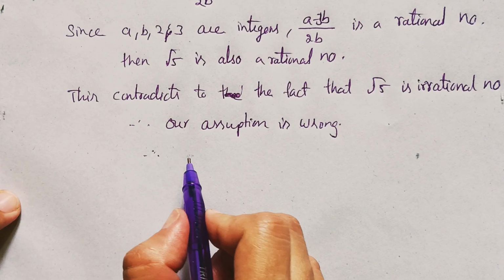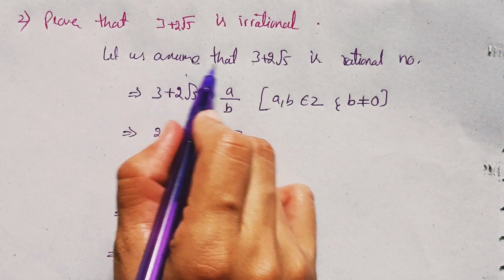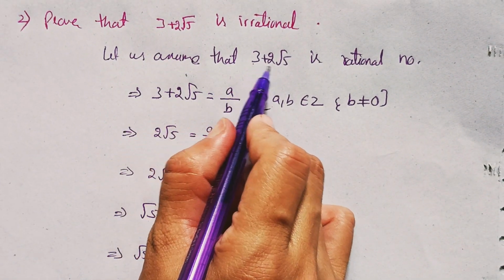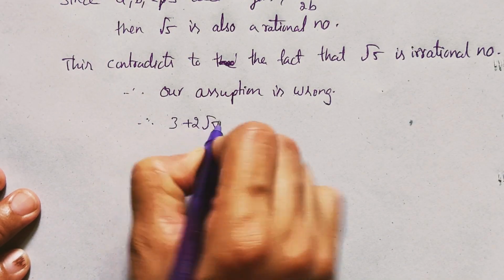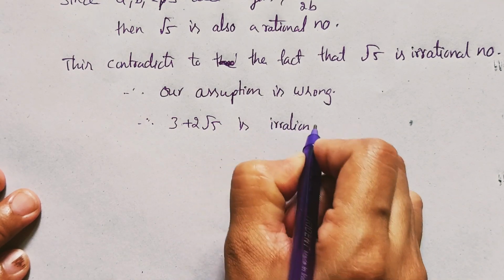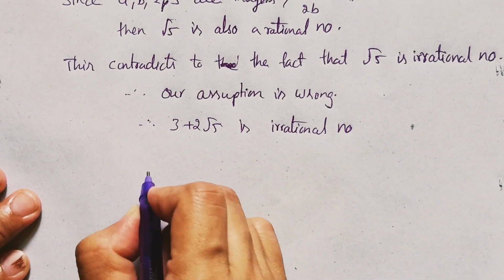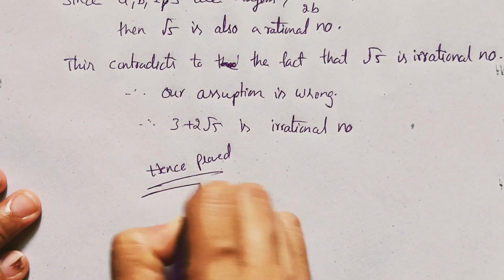So what is our assumption? Our assumption that 3 plus 2 root 5 is a rational number is wrong. Then 3 plus 2 root 5 is an irrational number. Okay, hence proved.